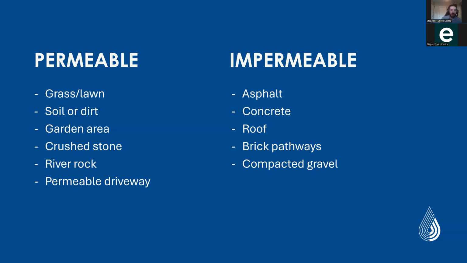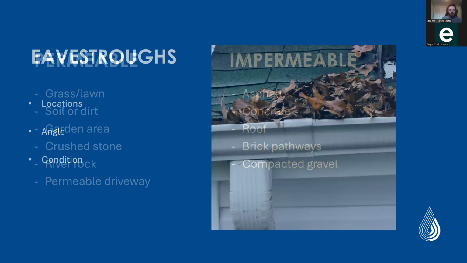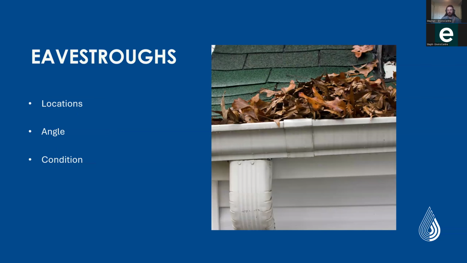Okay, perfect. So now that we're walking around our homes, the next thing we're going to be looking at are our eaves troughs. We're just taking basic notes here, nothing too complicated. We're going to look up at our eaves troughs, and we're going to note the locations. Like I said earlier, what sides of our homes have eaves troughs, what don't. The next thing we're going to want to look at is the angle of the eaves trough.